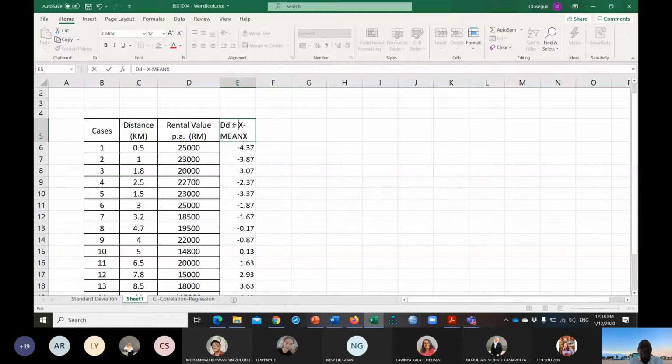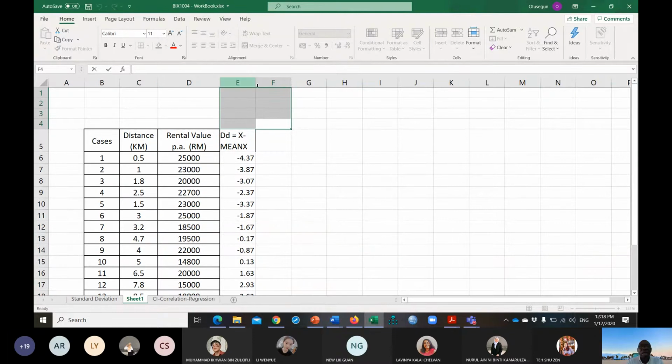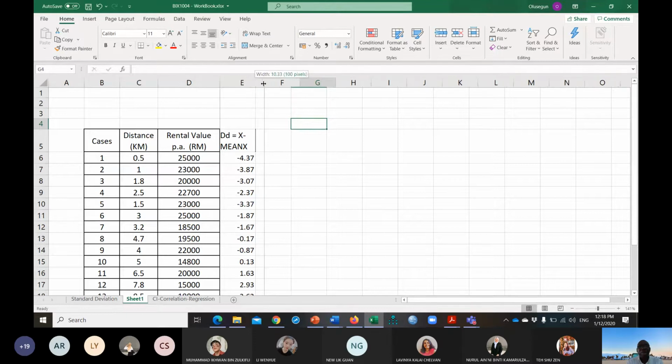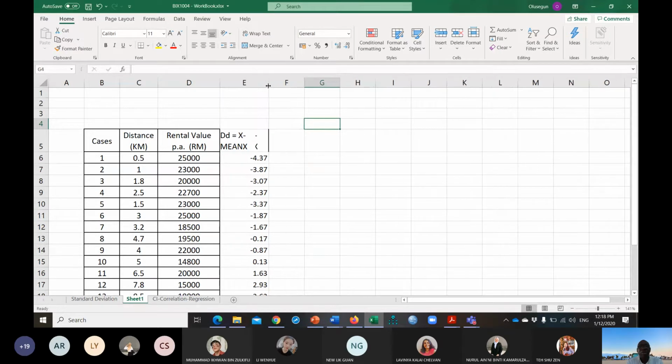What I mean by DD is the deviation for distance, so that we separate it from the rental value. We use the letter R when we are doing that.